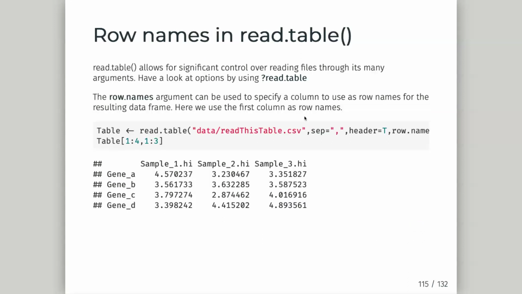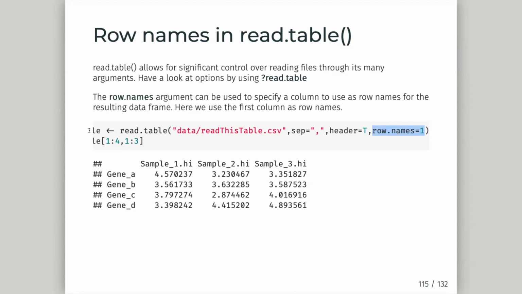So read.table does offer significant control over these arguments. Maybe my computer's a little slow, so I'm not going to hop back and forth. You can do that at the end. But one really useful argument is the row.names argument. This specifies which column, as it's read in, should be used as row names.